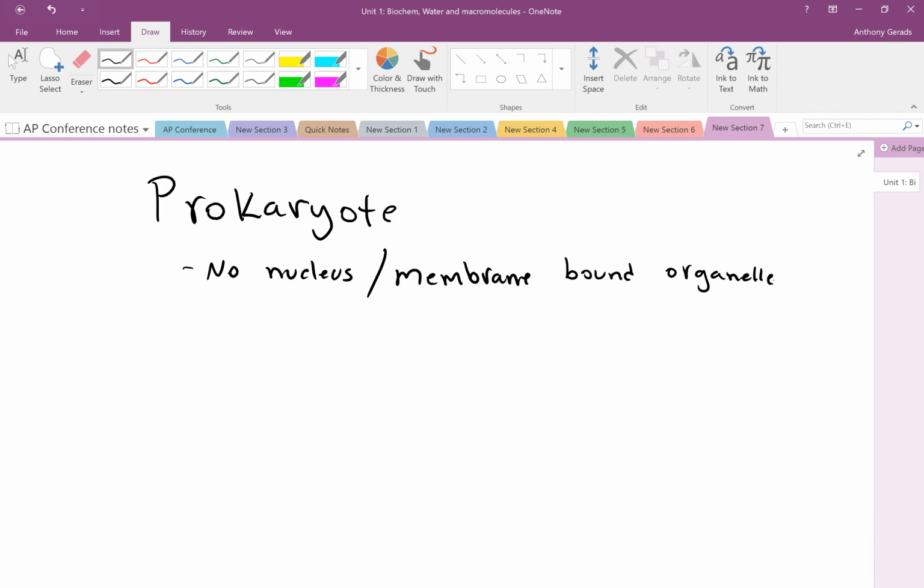That's the big thing: prokaryotes do not have membrane-bound organelles, so they don't have a chloroplast, they don't have a mitochondria, they don't have the endoplasmic reticulum, but they have ribosomes because a ribosome is not membrane-bound. They tend to be very, very small. And they have a cell wall generally, if bacteria. So prokaryotes: no nucleus, no membrane-bound organelle, and small.